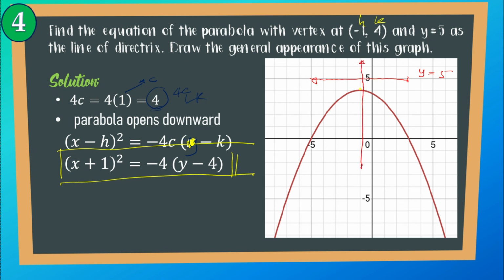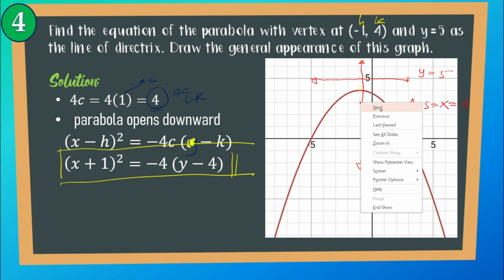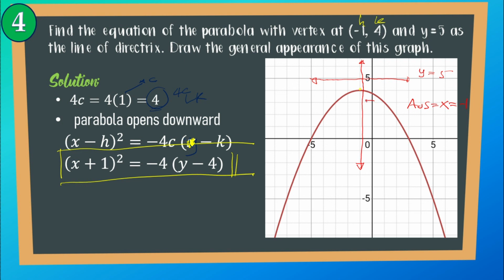I'm sorry for this one. So, axis of symmetry niya is at x is equal to negative 1. Alright? So, again, this is the equation and this is the graph. And also the focus here, don't forget, dito yung focus. Okay. Ito na point.